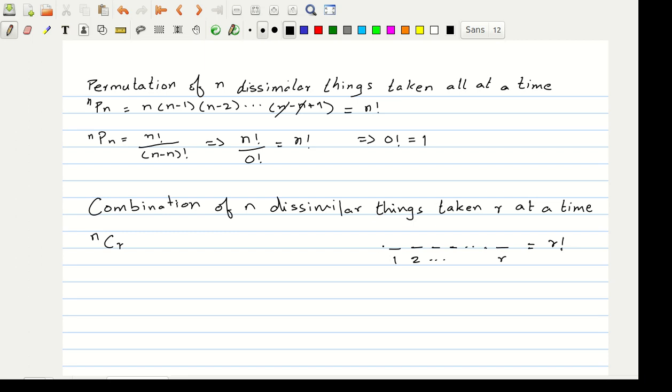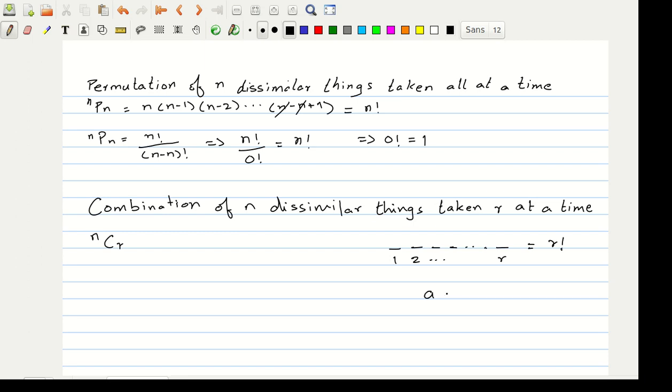So for any of the combinations, suppose we have selected R number of things out of n objects. If we multiply that by R factorial, we simply get the number of different arrangements, right? As an example, consider the vowels example.